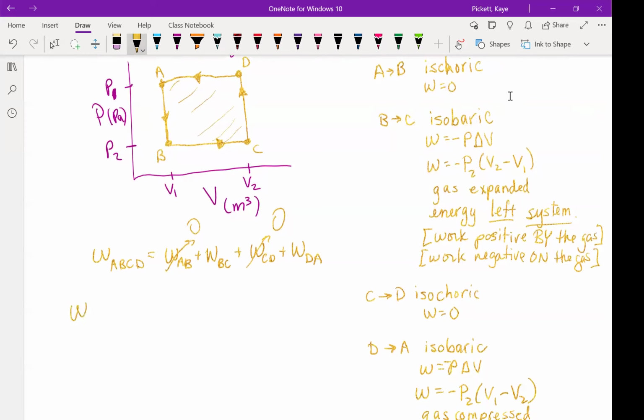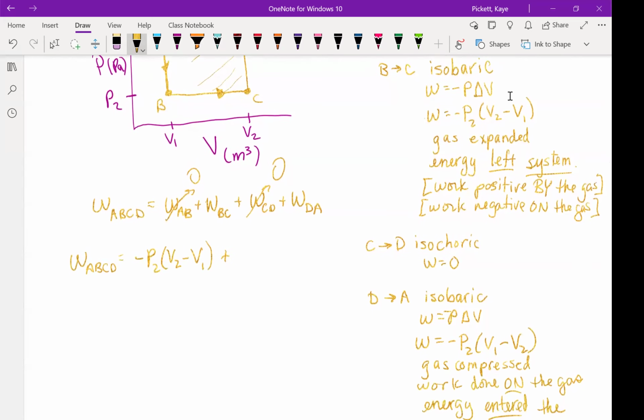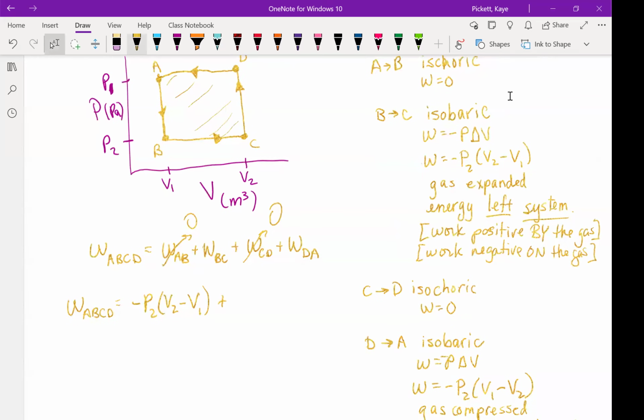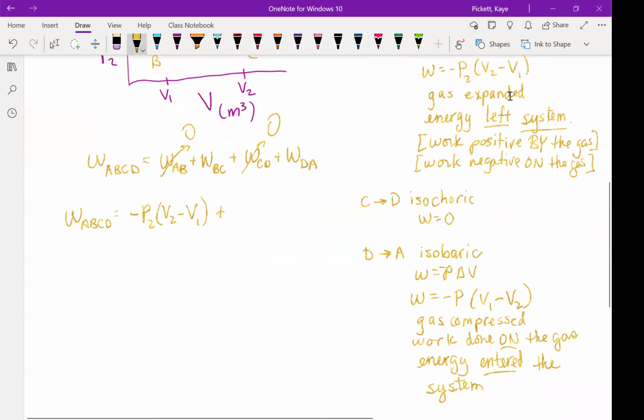So now I've got the work A, B, C, D. The work from B to C, we just said, was equal to negative P2 times V2 minus V1, plus D to A, come over here, that's negative P. Wait, one of those was P2. This should have been P1. Okay, that's my fault, not yours.